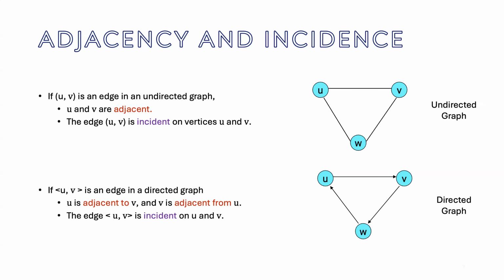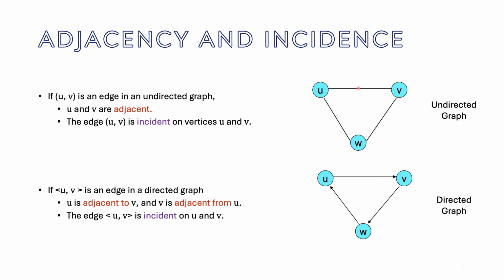And if we go back now to more formal definitions, we have the following. So if we have an undirected graph like the one over here, if UV is an edge in the undirected graph, so as this edge over here, U and V are called adjacent.